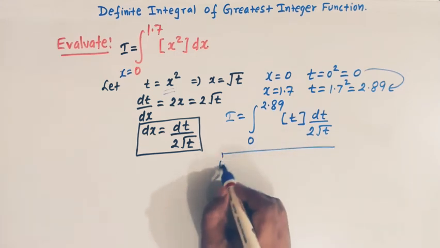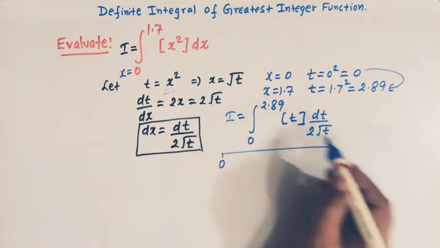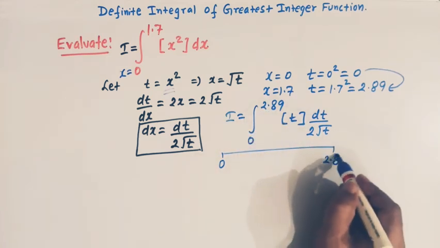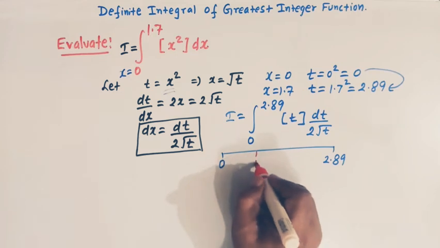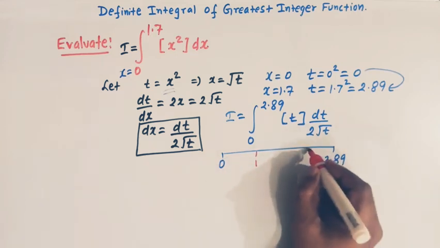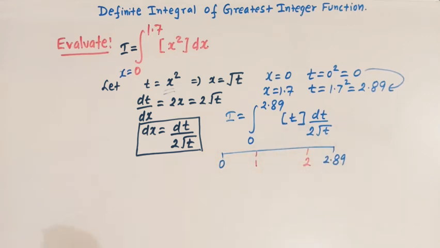So here we have 0, and here we have 2.89, and we see that between 0 and 2.89 we have two integers, that is 1, and here we'll have 2, right? So it means we can now split this integral I into three integrals.